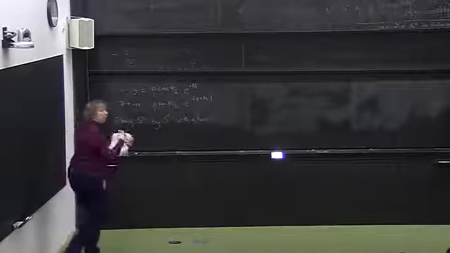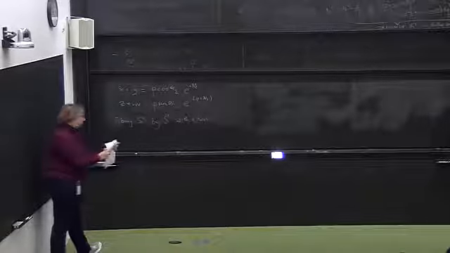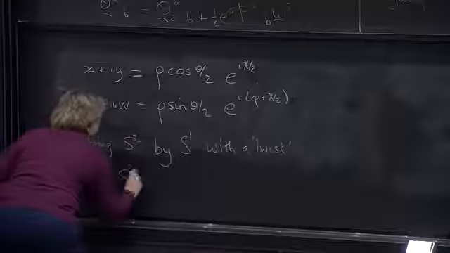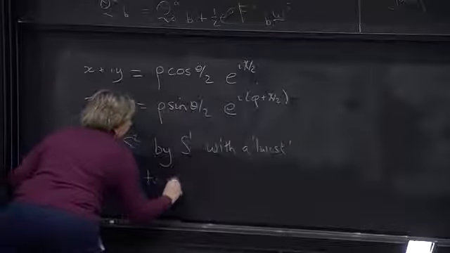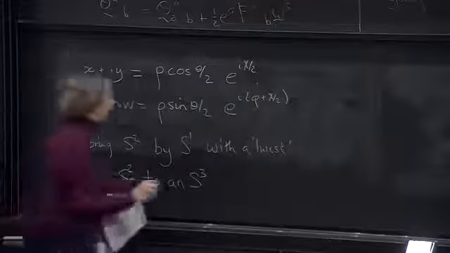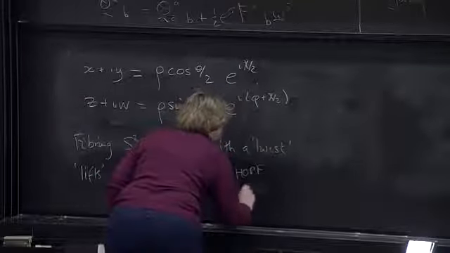So by the time you've gone all the way round, you're back to where you started, but you've done this full 2 pi twist. And what this does is it lifts the S2 to an S3. So it's not S2 cross S1, it becomes an S3. And this is an example of a Hopf fibration.